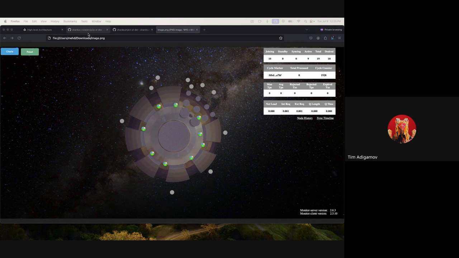Then we have a notion of transaction group. Transaction group is the set of nodes which are involved in providing any data to the transaction.